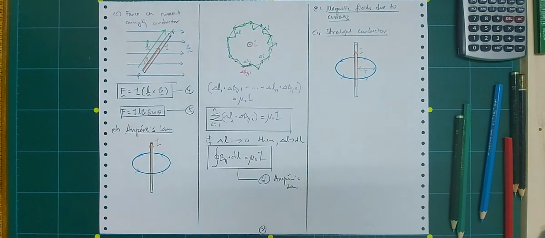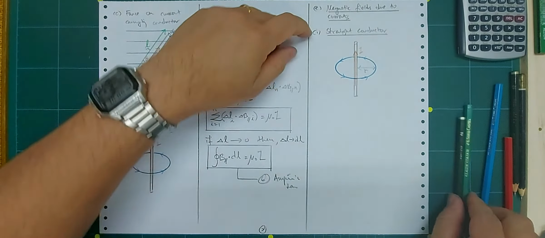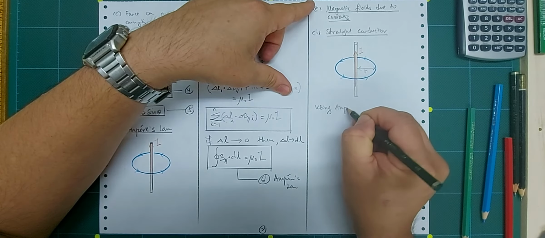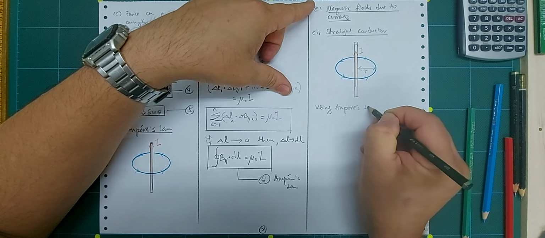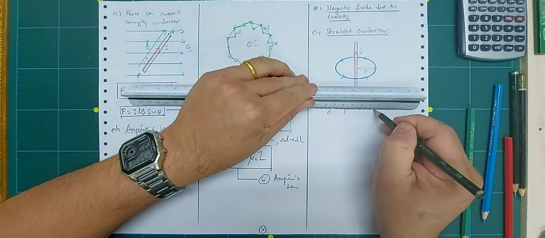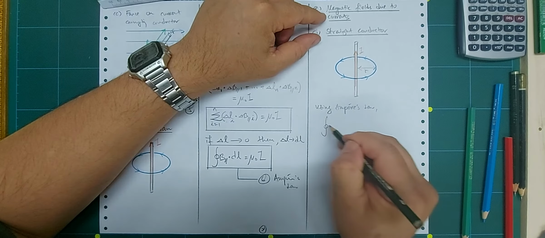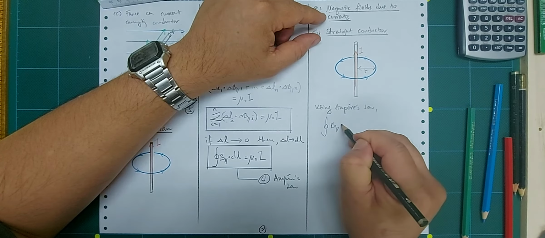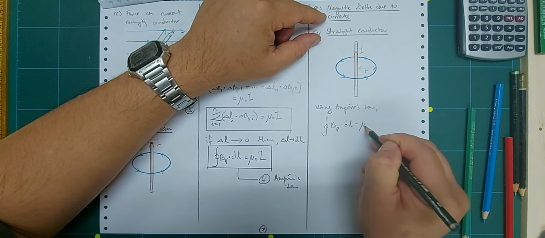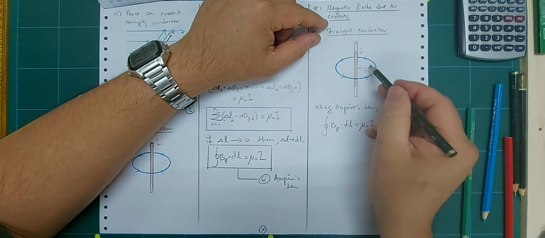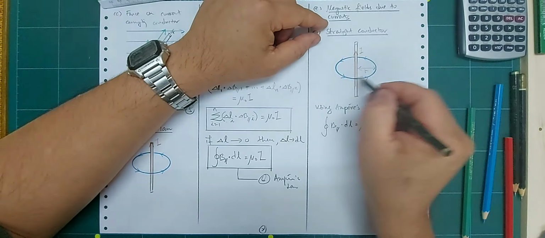Now, by using Ampere's law, we start from here. B dot dl is equal to mu naught I, but we know that the B parallel is always the same magnitude.